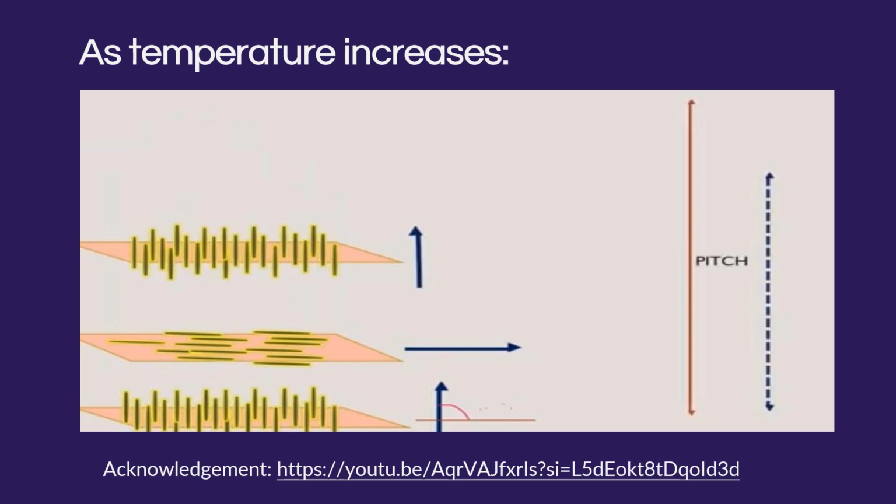As discussed earlier, selective reflection is one of the main characteristics of the cholesteric phase, which is solely dependent on the pitch length. There are various factors which influence the pitch length and in turn affect the selective reflection. One main factor is temperature. As temperature increases, the molecules have greater kinetic energy.